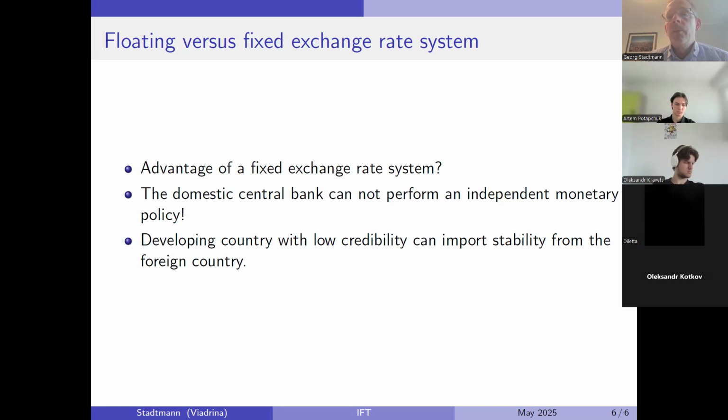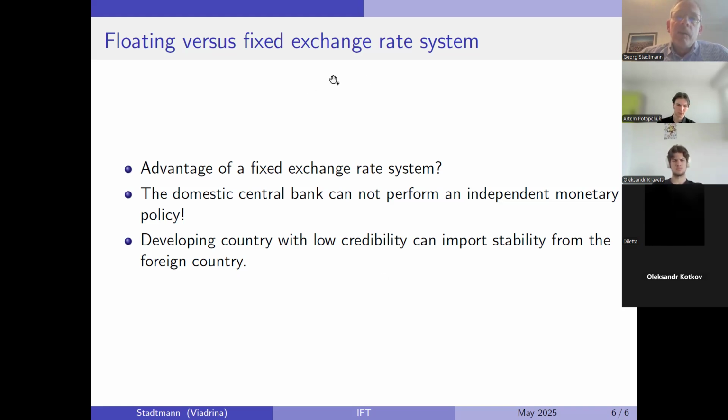And then we can import this price stability for our developing economy. We can import the credibility of the ECB to perform a solid monetary policy, and we can import this credibility by fixing the exchange rate.